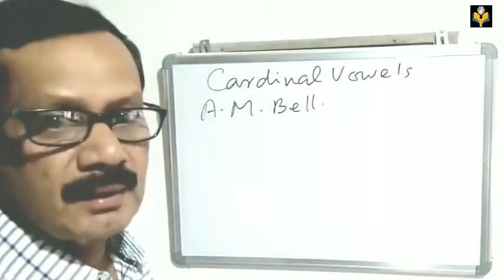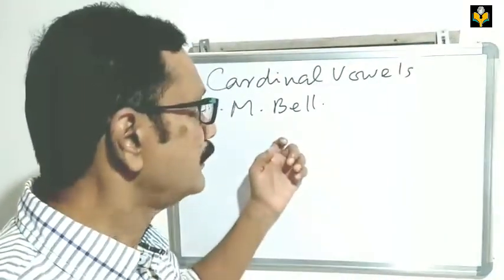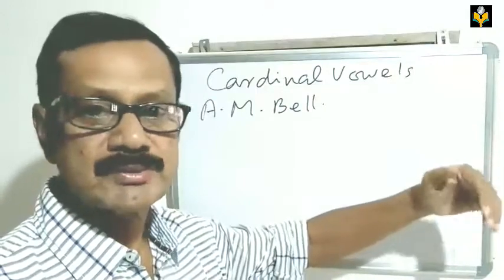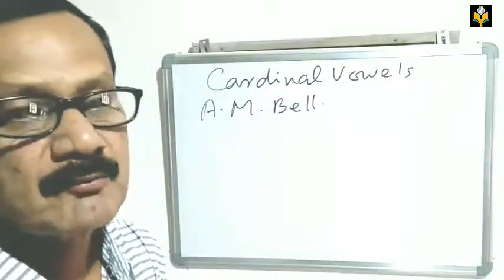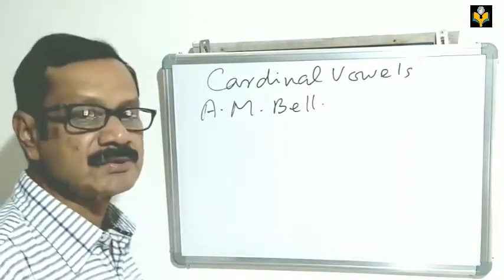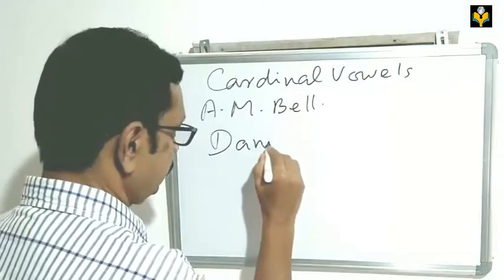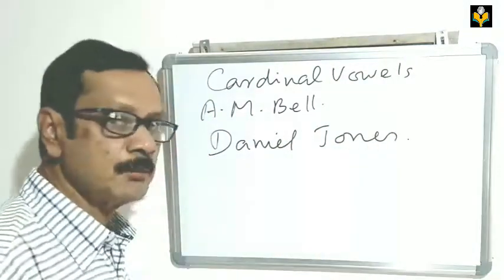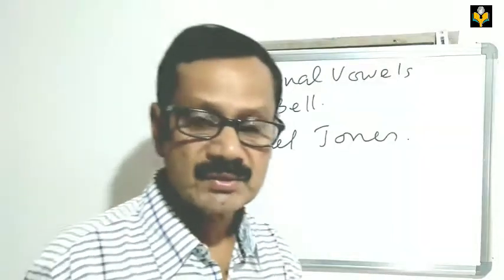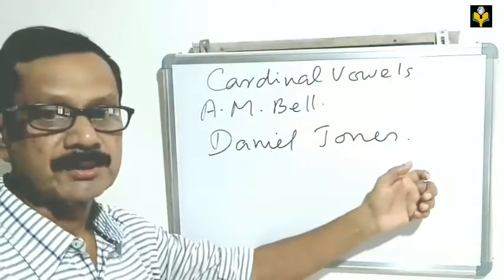There are so many sets of 8 cardinal vowels introduced by different people, but the most satisfactory and accepted one is the 8 cardinal vowels by Daniel Jones. Daniel Jones has written a book on pronunciation, and also a dictionary, the English Pronouncing Dictionary.